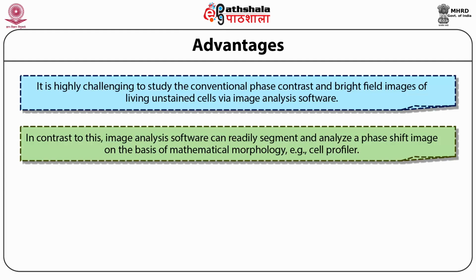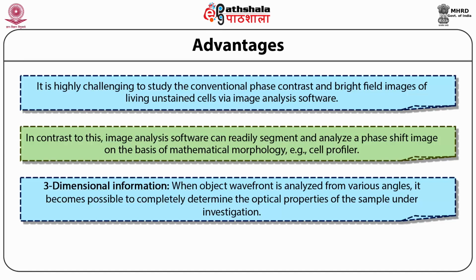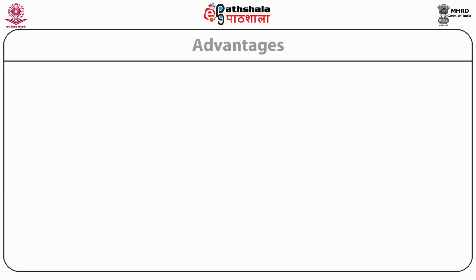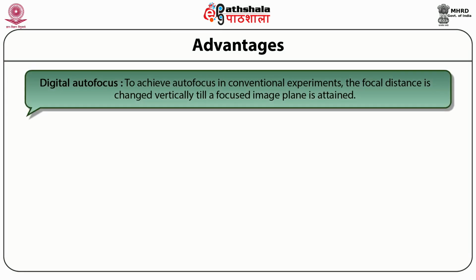More advantages of holography include the three-dimensional information. When the object wavefront is analyzed from various angles, it becomes possible to completely determine the optical properties of the sample under investigation. Also, digital autofocus is another important advantage of holography.